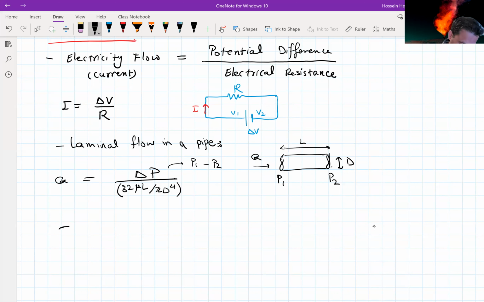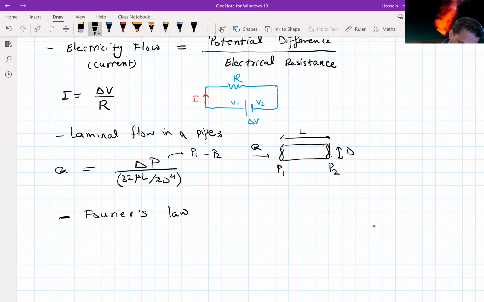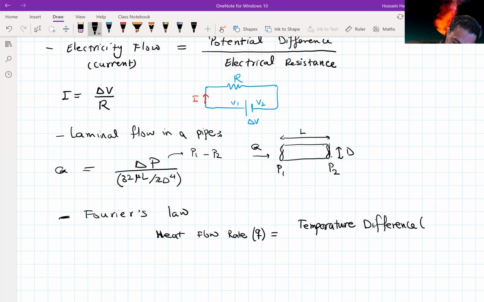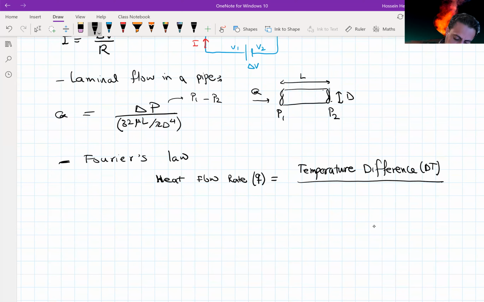Now, if we look at heat conduction flow, or Fourier's law, we can write the heat flow rate Q as a temperature difference, delta T, divided by something we call the thermal resistance, or R thermal, R_TH.